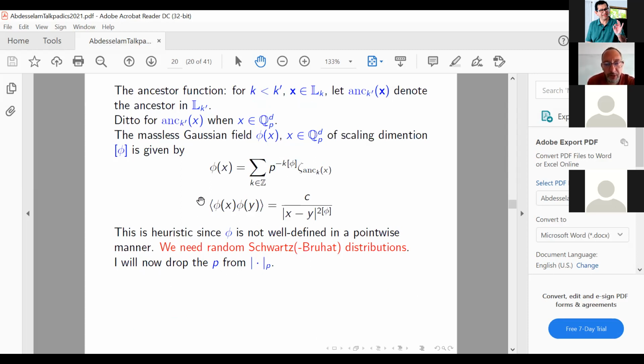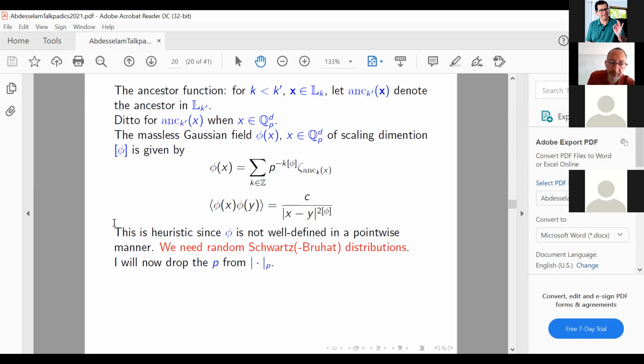In particular, formally, if you compute the 2-point function, the covariance of this random field phi, what you find is this. So this is like the Green's function I was asking Wilson about. In my situation, this blows up at x equal y. And the way it blows up depends on what I pick for this scaling dimension.